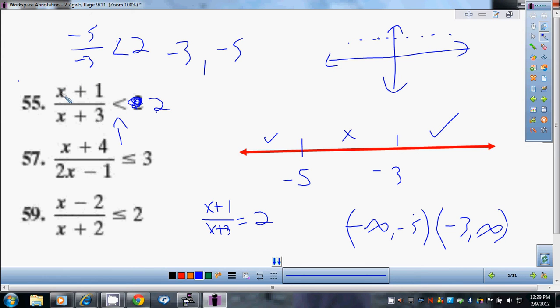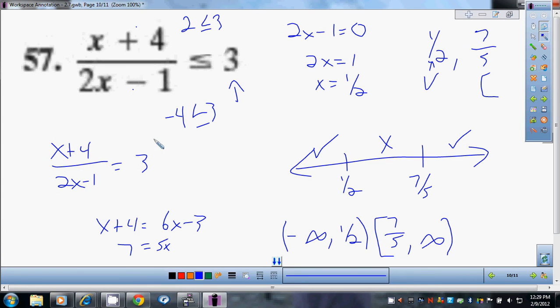You'd get negative 4 over negative 2, which is what? 2. So just like the last ones where we were finding where 0, you found where it equals, which is good. And this new problem? Same exact place. We solved it, got 7/5, and that again was what's going to make this equal and therefore potentially cause it to cross.